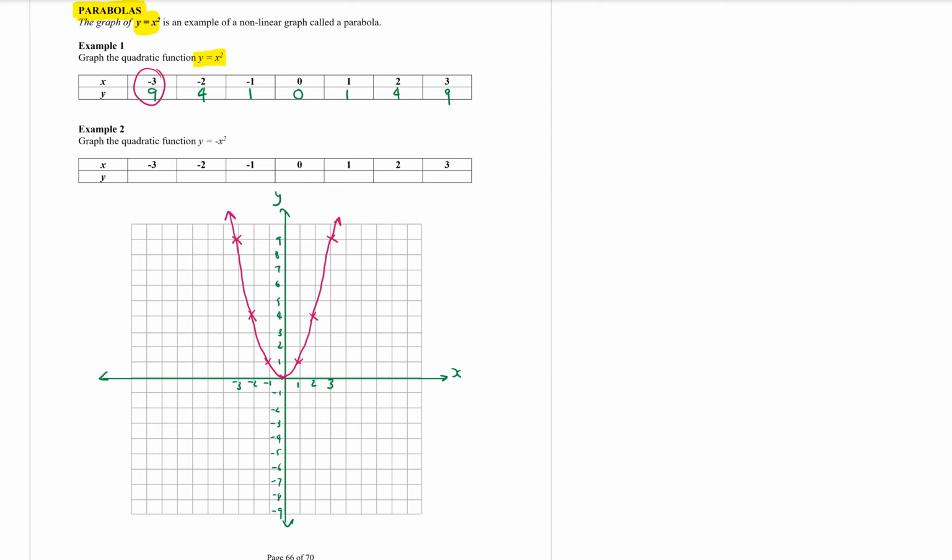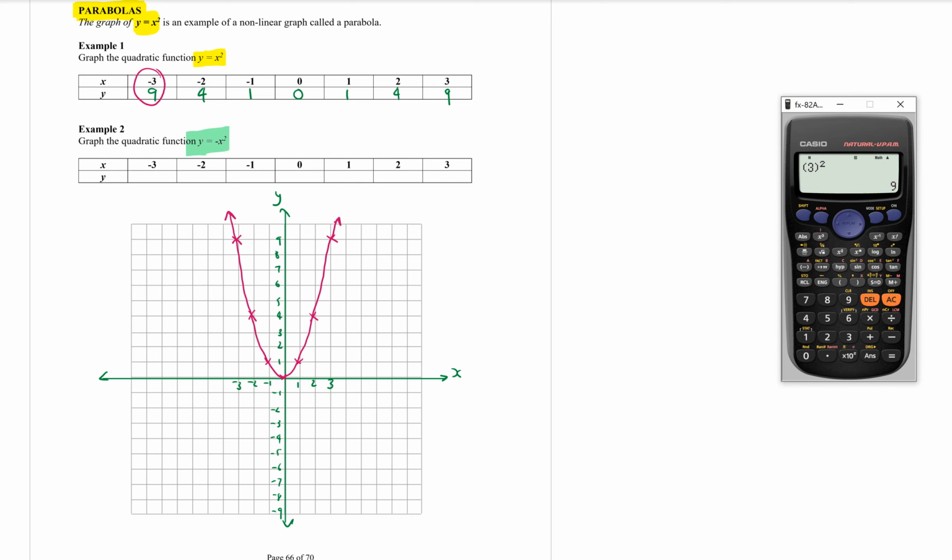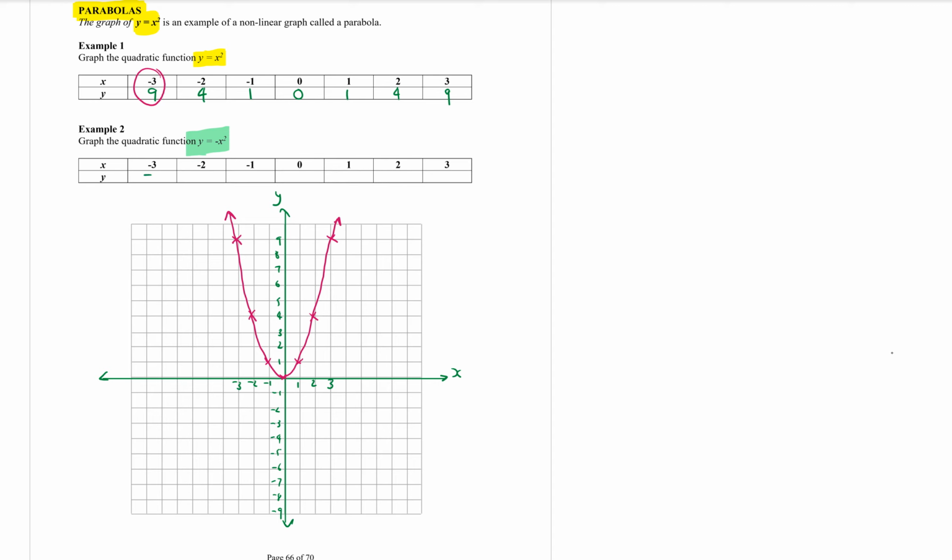The next one that we have under there, we have y is equal to -x squared. Just means that we want to put a minus in front. So we have a minus at the front. Then we have our bracket, and we want to put -3 bracket squared in there. So that's going to make a -9.